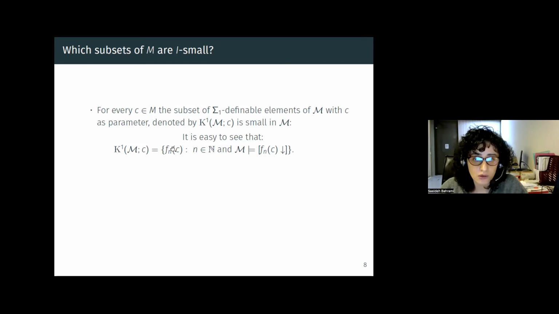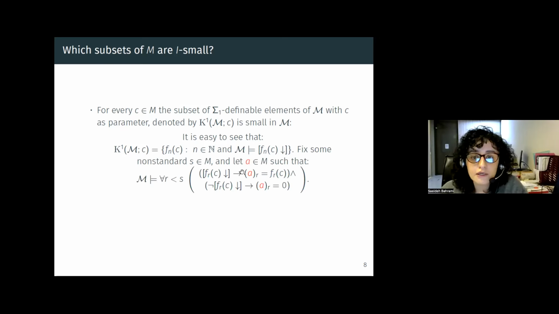So we can find some member in M which codes a sequence such that all of its members are these elements.